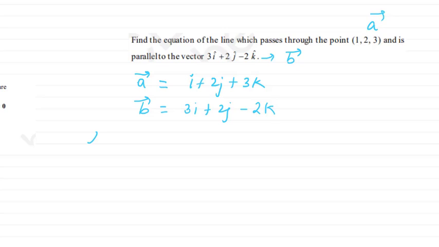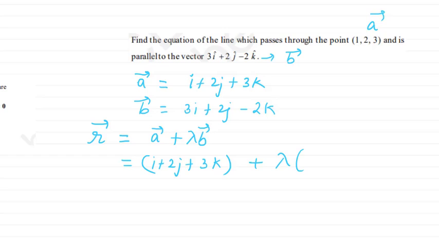Now I'll tell you how to find the vector and the Cartesian form as well. R is the same as, you know, R is A plus lambda B. I simply put in the values: i plus 2j plus 3k plus lambda into (3i plus 2j minus 2k). That is the vector form. Everything is in the vector form.